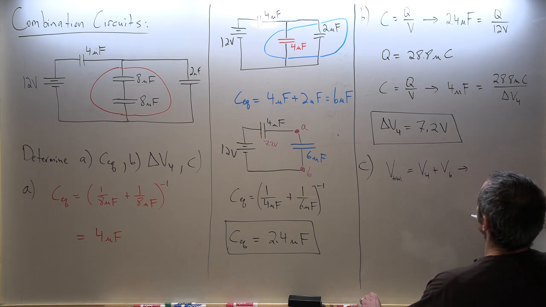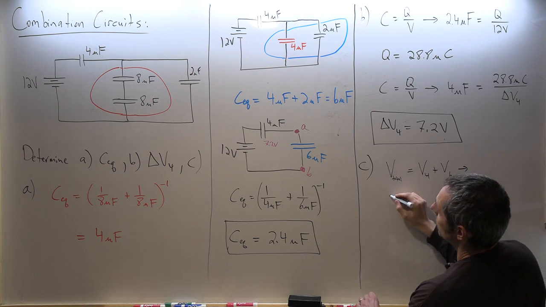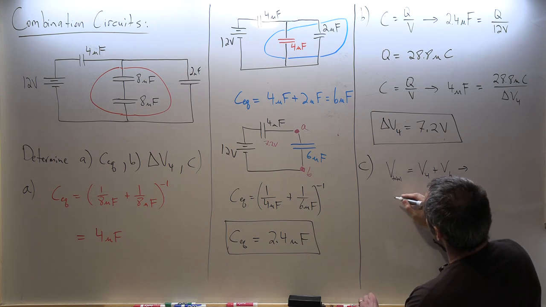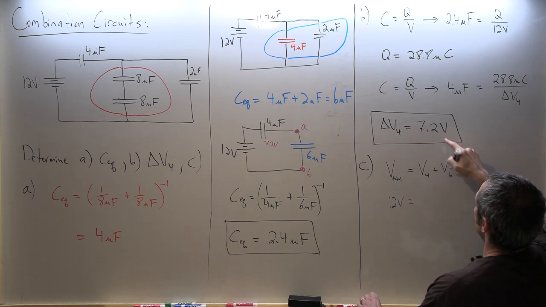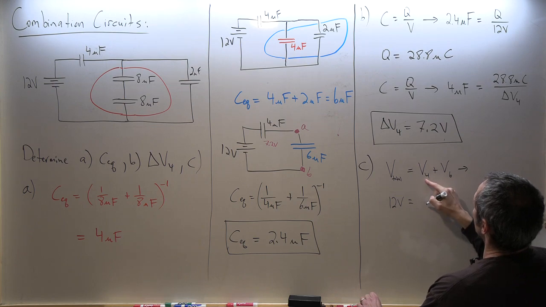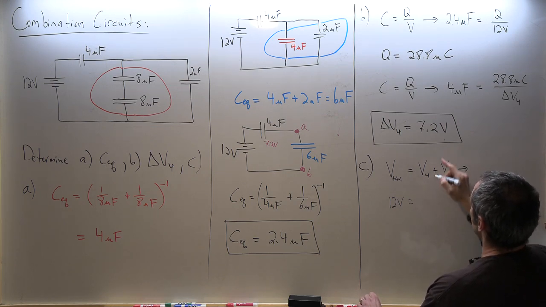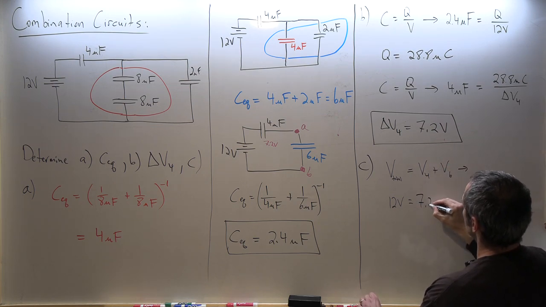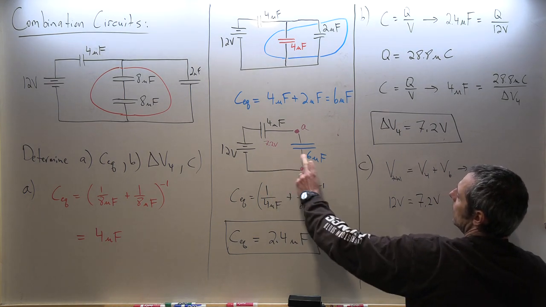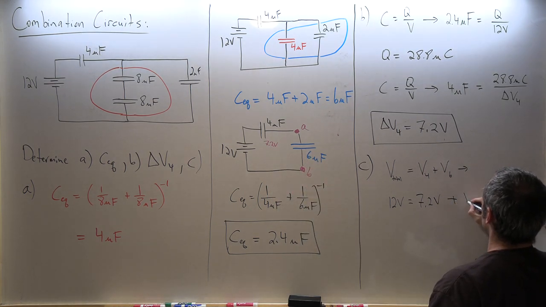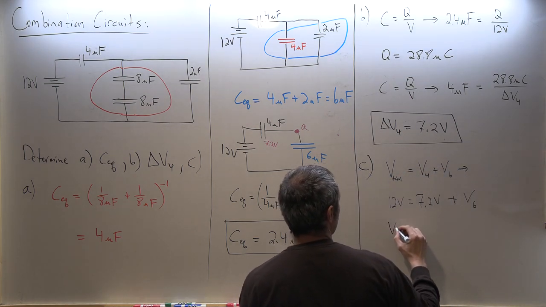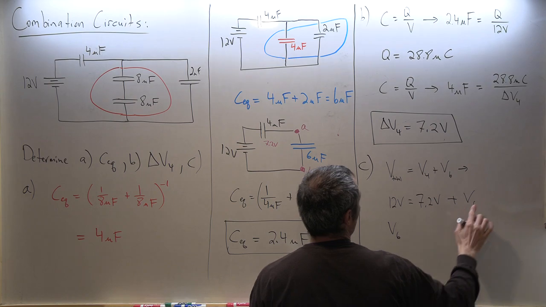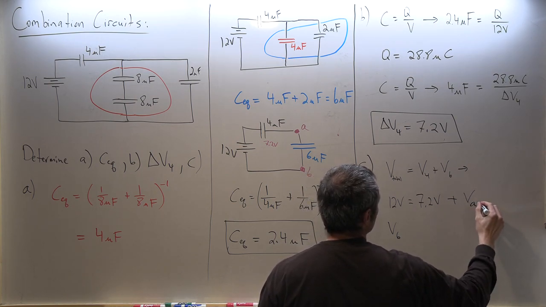In other words, the total is 12 volts. The 4 microfarad we figured out was 7.2, right there. What's this? And we find out that it's 4.8. Actually, let's call this A to B.